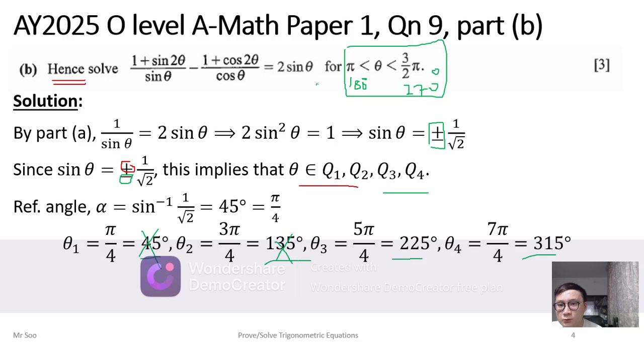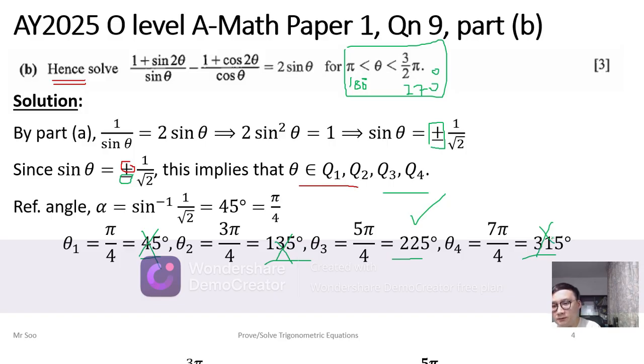225, yes, because 225 is bigger than 180 but less than 270. So this one works. And then the last one, 315 is bigger than 180, yes, but it's not less than 270, so it falls outside of the range. So this one is out. So what is the final answer?